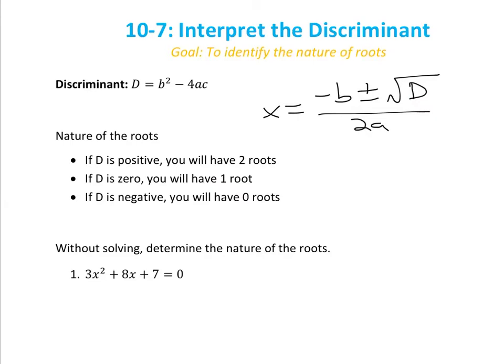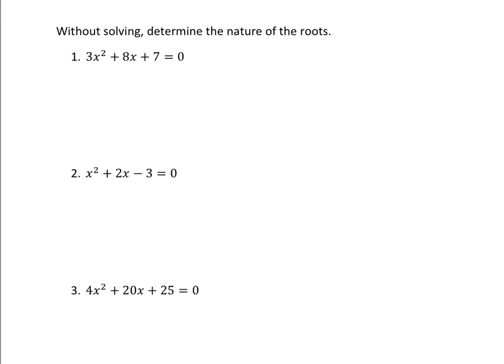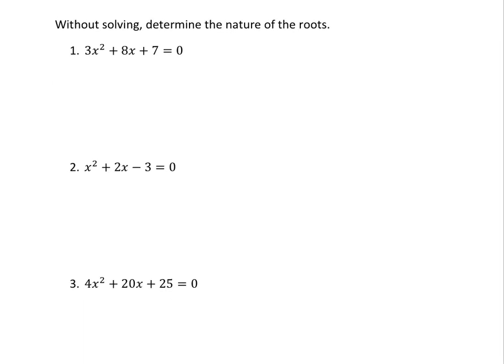Okay, so that's all you're going to do: calculate this discriminant and determine the nature of the roots. Okay, so for this first problem, without solving, determine the nature of the roots. So remember that we've got a, b, and c. Okay, so we've got d equals b squared, so 8 squared minus 4 times a times c.